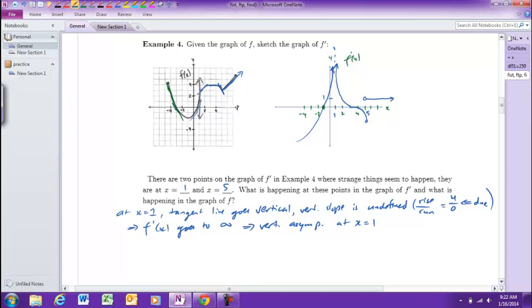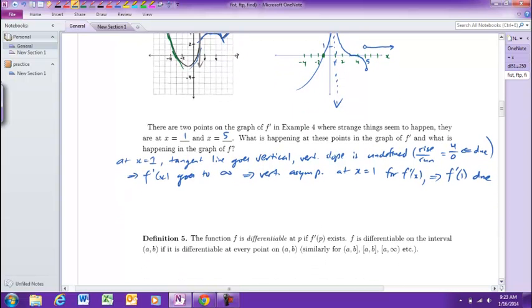So I'll draw that in. There's my vertical asymptote at x equals 1. So this is only on the f prime graph, and it also means that f prime of 1 does not exist. So at that spot where you've got a vertical asymptote, the functional value does not exist.